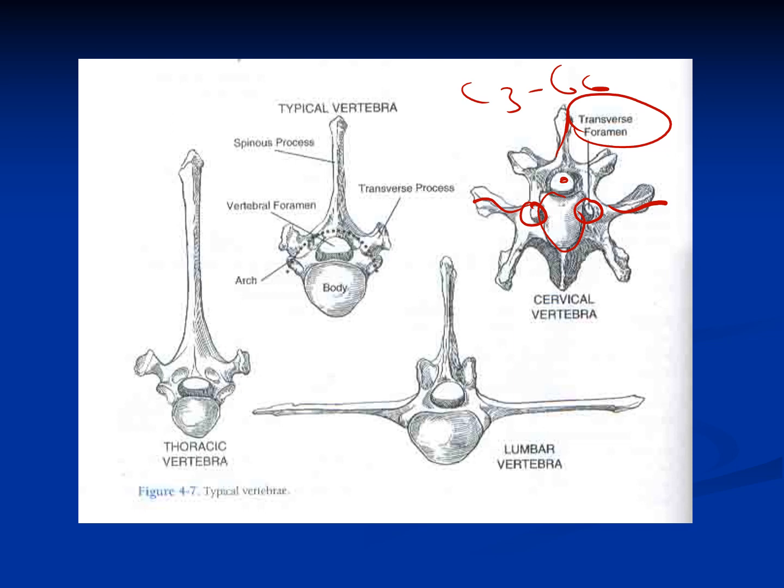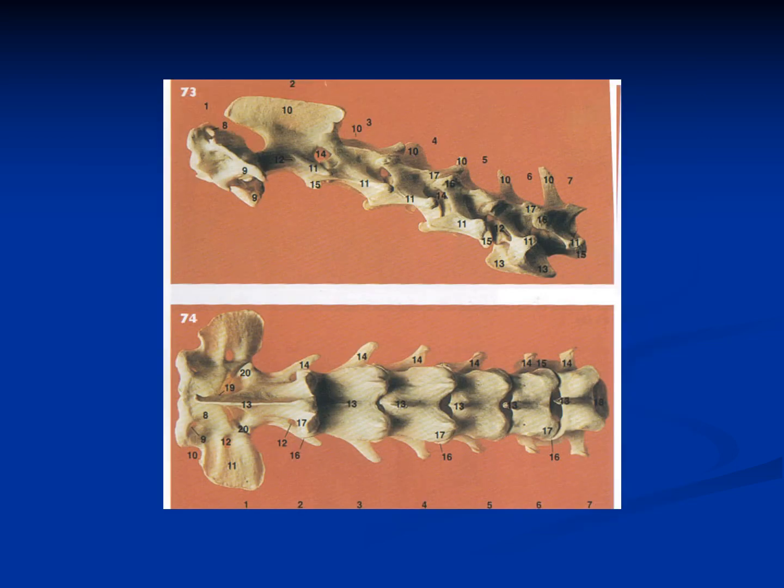C7 does not have this foramen, so it's easier to differentiate C3 to C6 from C7, but we could not differentiate between C3, C4, C5, and C6 because they are almost similar. However, C7 does not have the transverse foramen.